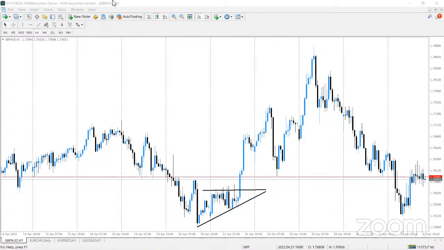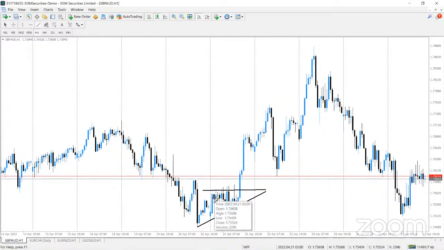We have this pair, pound Australian dollar, and in this case we see the pattern forming over here. What I'd want you to note is how the bears are behaving. You have wicks and a bear, and the move is barely getting to the other low point.